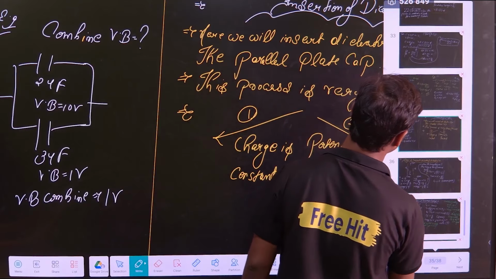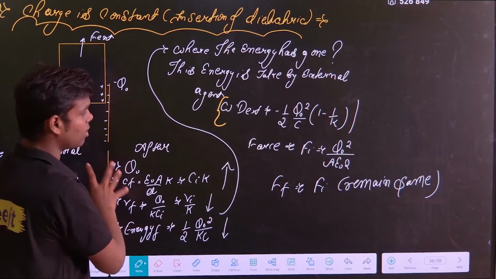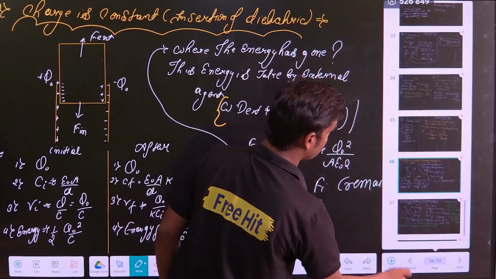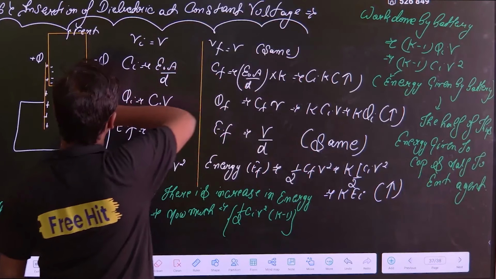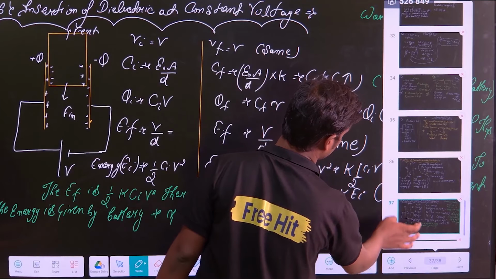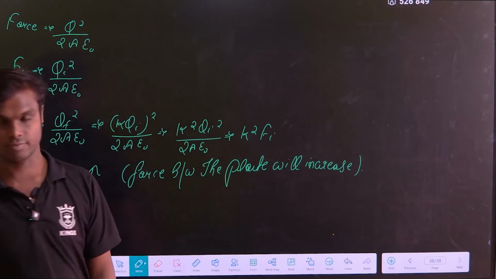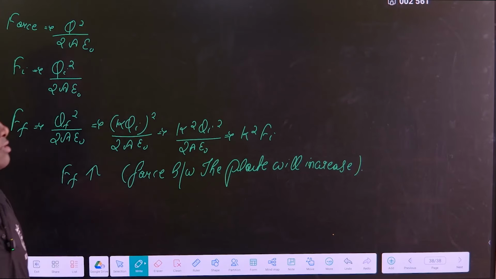One case we have seen when the charge is constant, and we have analyzed all the results and got a proper observation. Then we analyzed the constant voltage case, and got the proper observation for this also. And then we have seen the force in this case is going to be increased. Clear? So this is what we have discussed in this session.